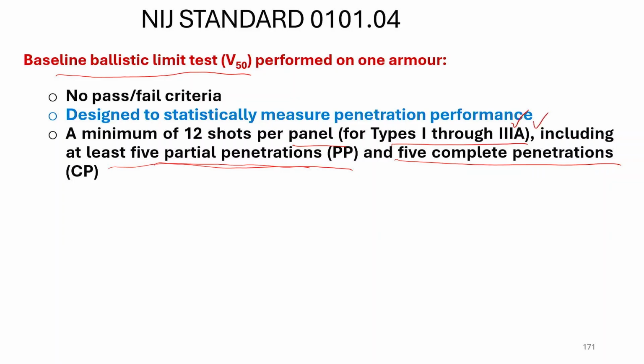For high protection like level 3 or 4, penetration is not studied, there backface signature or other characteristics will be studied, but here we want to know the baseline ballistic limit.